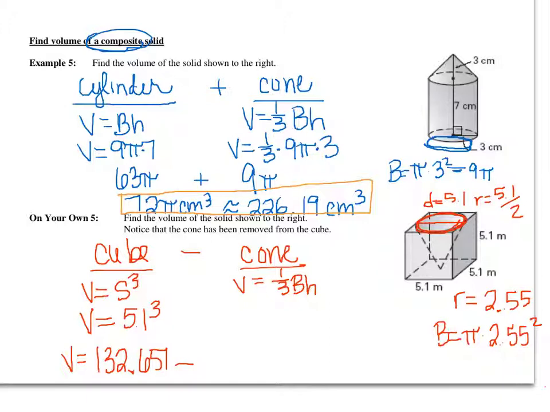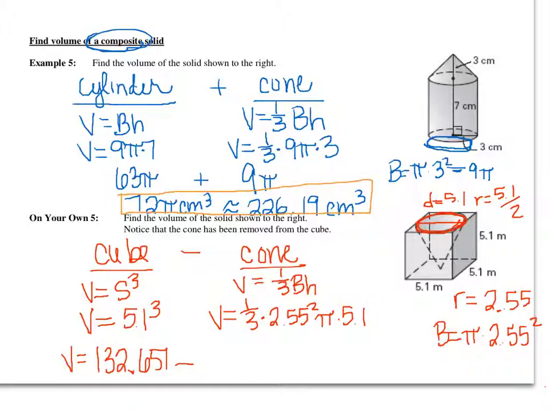So my volume equals, and I'm just going to keep it in that form right now so I don't have to write down some extra decimals, 1/3 times my base area, so 2.55 squared pi, times my height, which is 5.1.